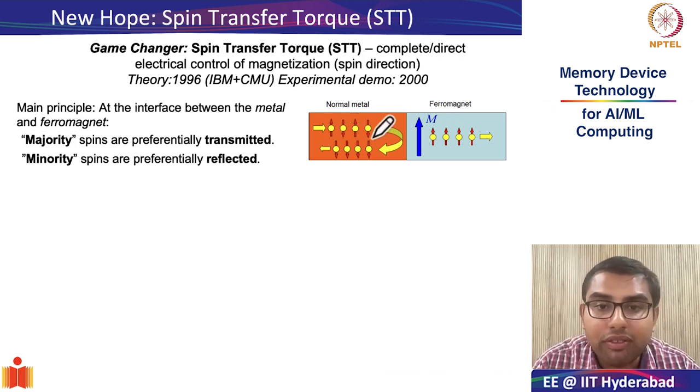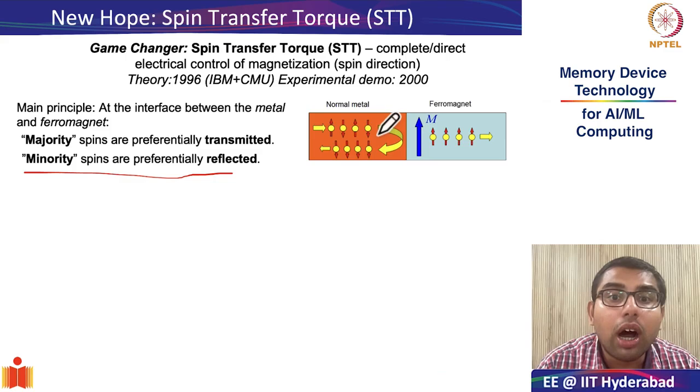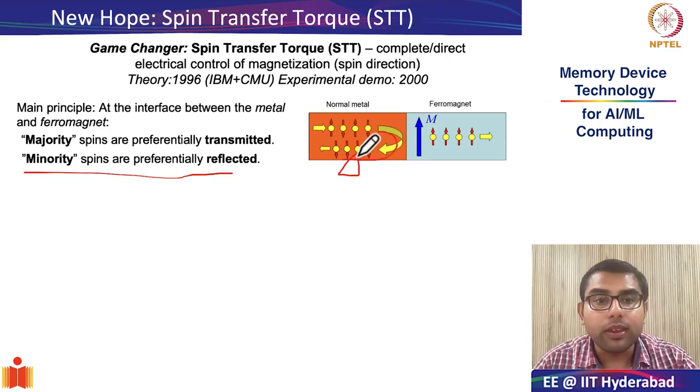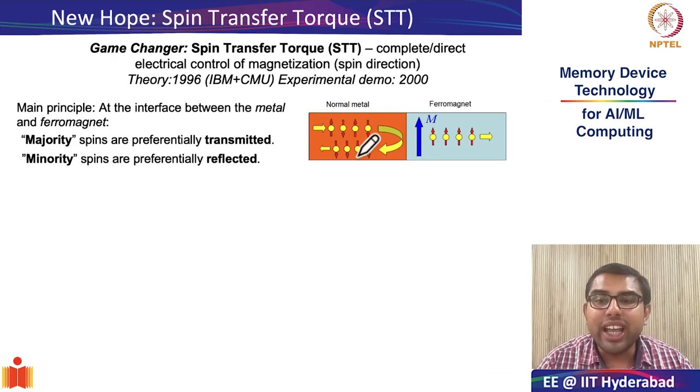The spins which have up direction are getting transmitted. See, all the up spins have got transmitted, whereas the minority spins are preferentially reflected. And this is the principle of generating spin polarized current, also called spin filtering.